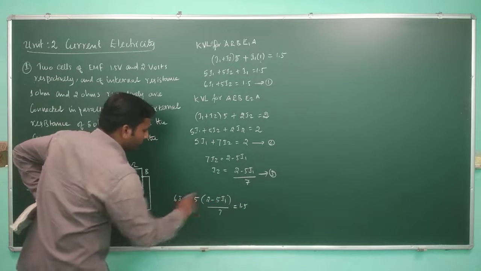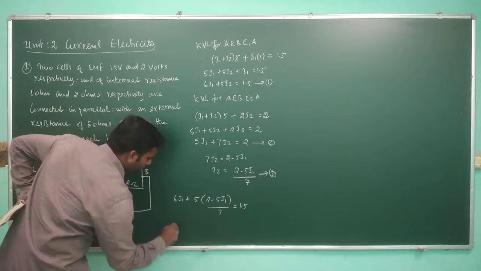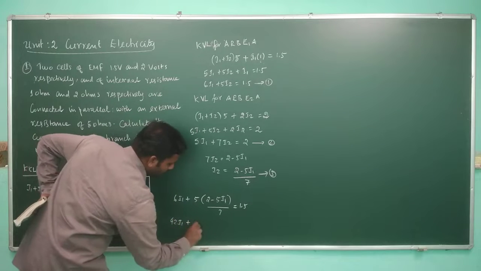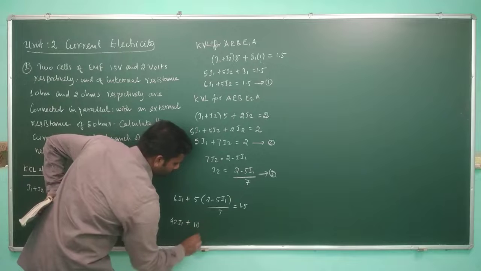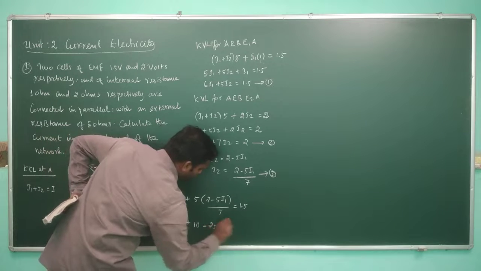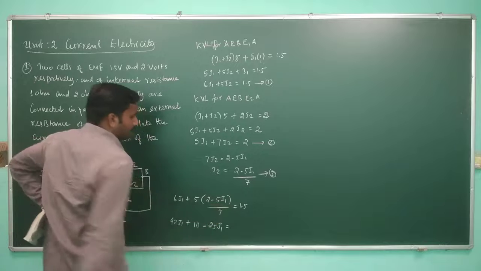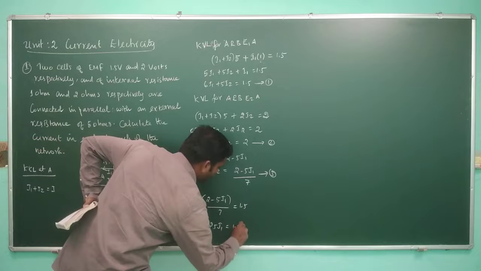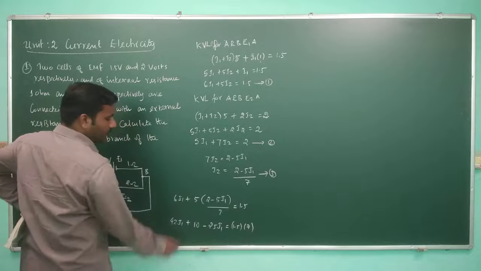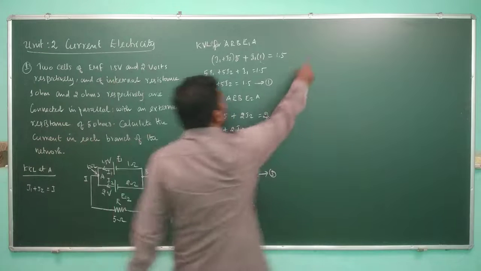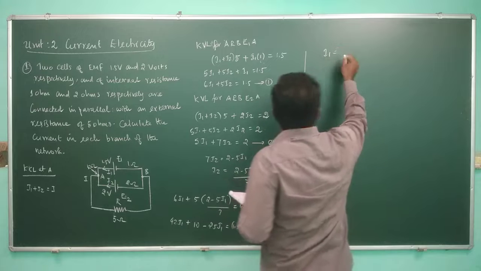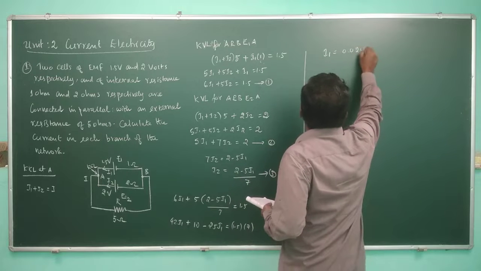You can multiply the entire equation by 7, so that 42I1 plus 10 minus 25I1 is equal to 1.5 multiplied by 7. If you solve this equation for I1, then you will get the value for I1 as 0.0249 ampere.